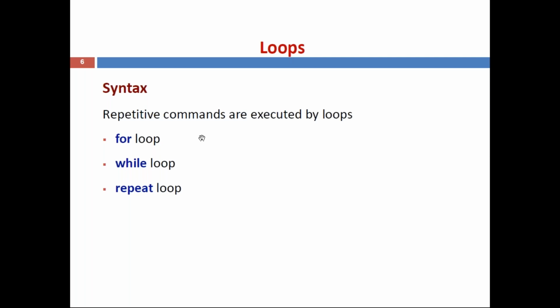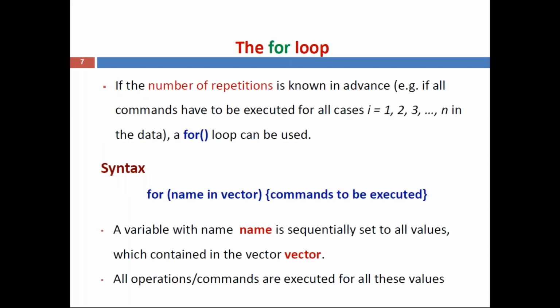Then coming to the for loop. What is the purpose of the for loop, when can we use it, what is the syntax, and what are the conditions we need to follow? In this slide you can see, it is used if the number of repetitions is known in advance. How many repetitions there are, that value has to be given in advance.